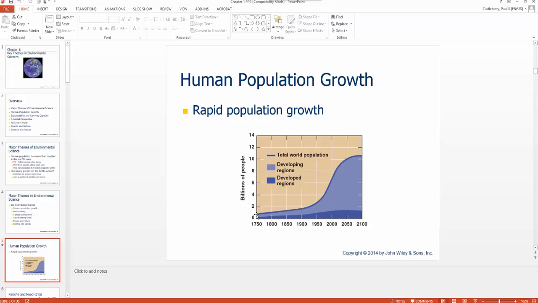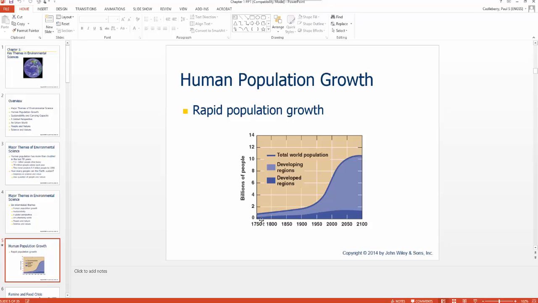You had many more in terms of developing regions, probably closer to about 500,000 total. And together these make roughly about 750,000 people back in 1750.